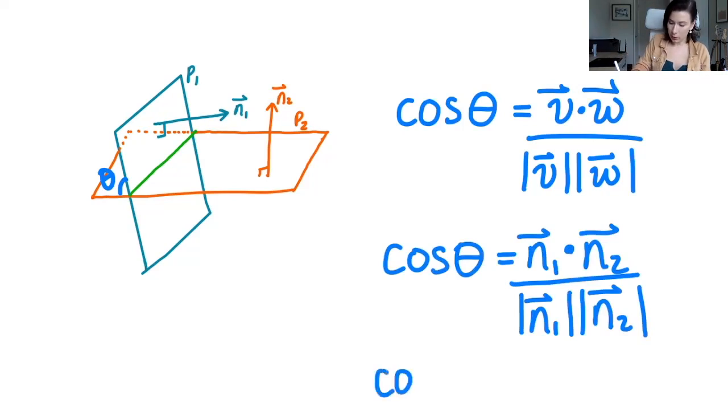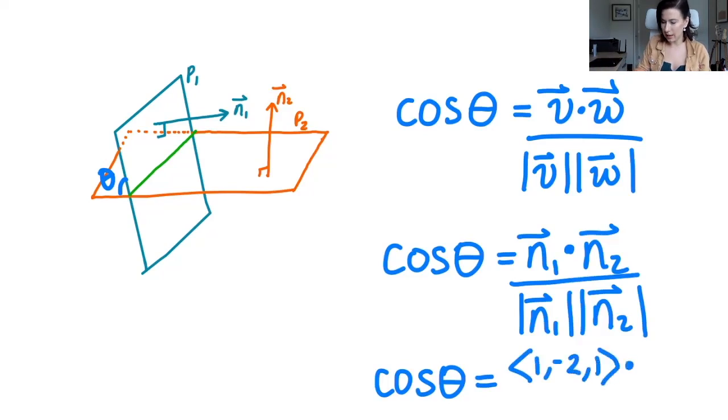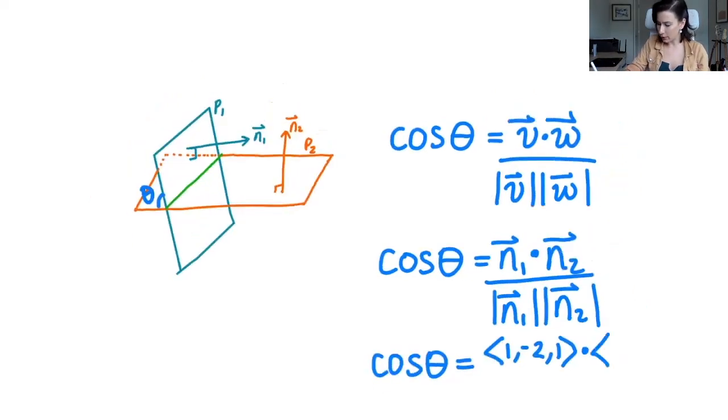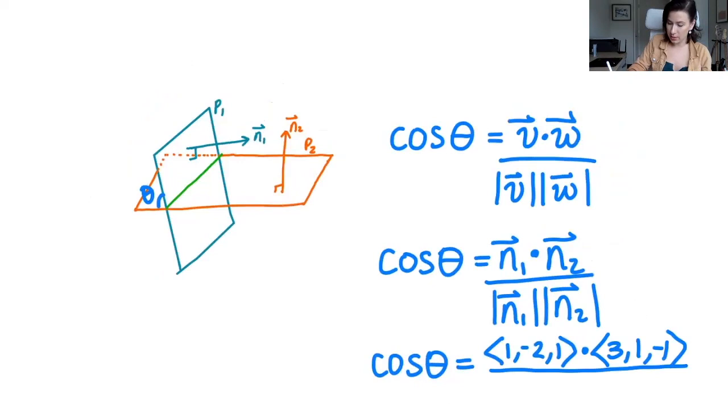So cosine of theta would be equal to, my n1 was 1, negative 2, 1, and I would want to dot that with my other normal vector, which was 3, 1, negative 1. And then I'm going to divide that by the magnitude of n1 times the magnitude of n2. I'll leave you to finish up this computation.